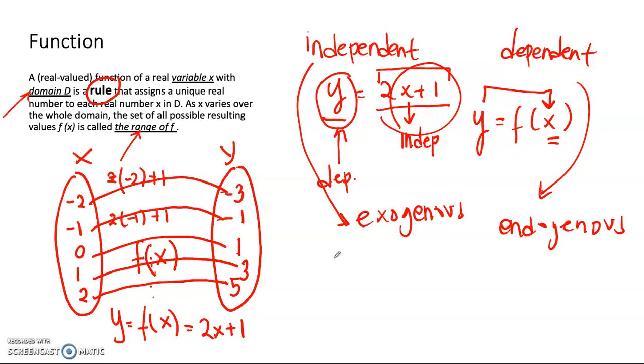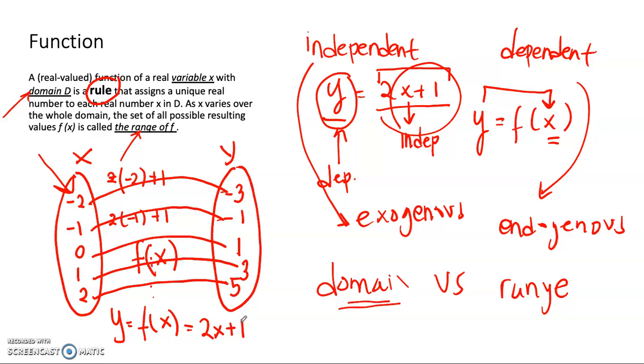Now, let's go back to what I was going to talk about, domain versus range. So the set of numbers of the independent variable is called the domain.